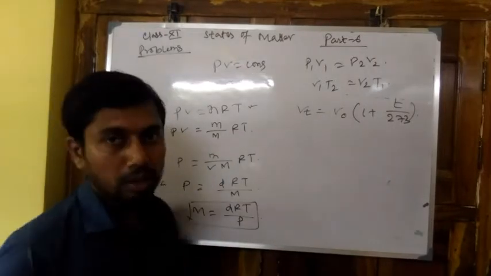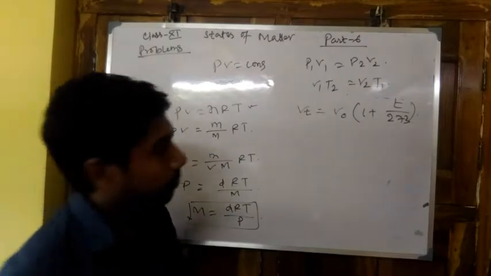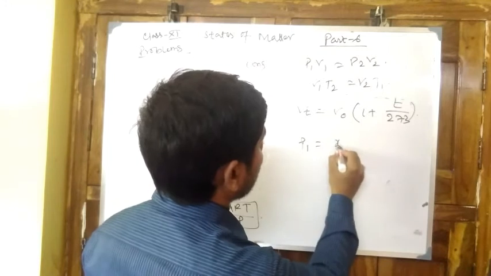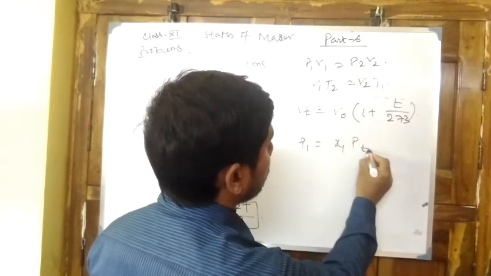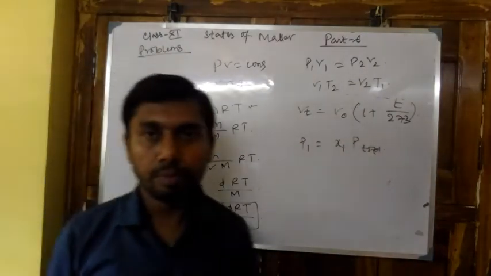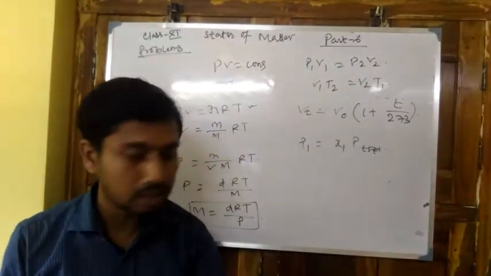Another equation is the partial pressure law equation, P1 equals x1, that is the mole fraction, into P total. This is the mole fraction and total pressure relationship.